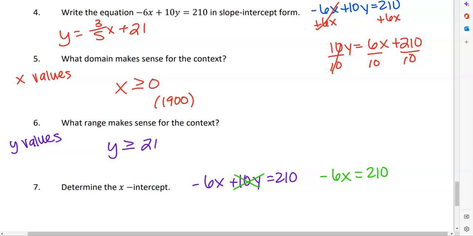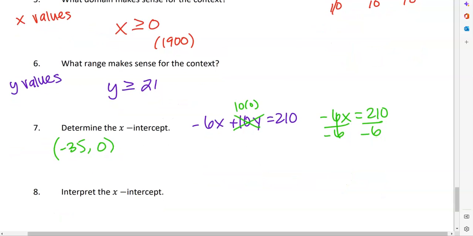What is 210 divided by negative 6? Negative 35? Yes? Okay. So we get negative 35 if my y value is 0. Interpret that. What does that mean?